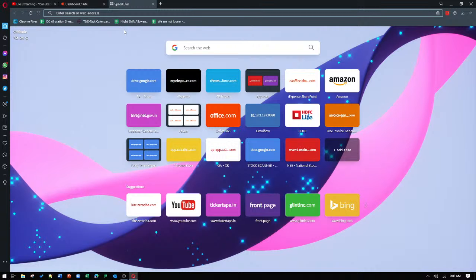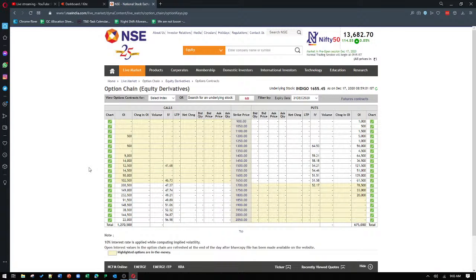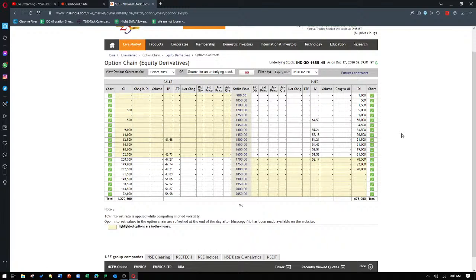Next is the open interest analysis, and I'm going to keep watching this page continuously after the market opens also.